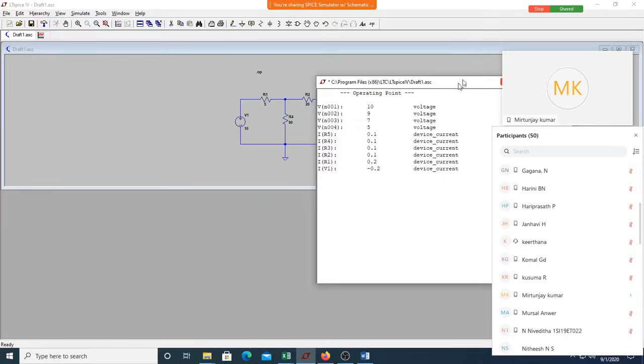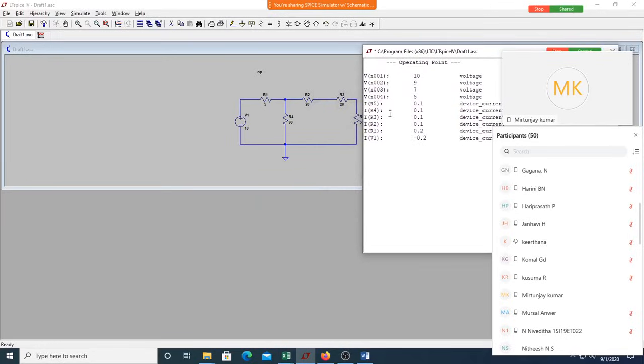Interestingly, can you see all the currents are positive? IR5, IR4, IR2, IR3, IR1, except I of V1. Except the last one, all the currents are positive.